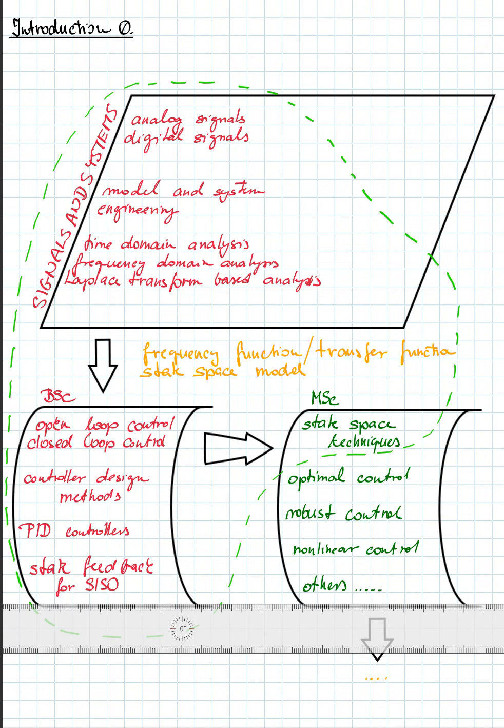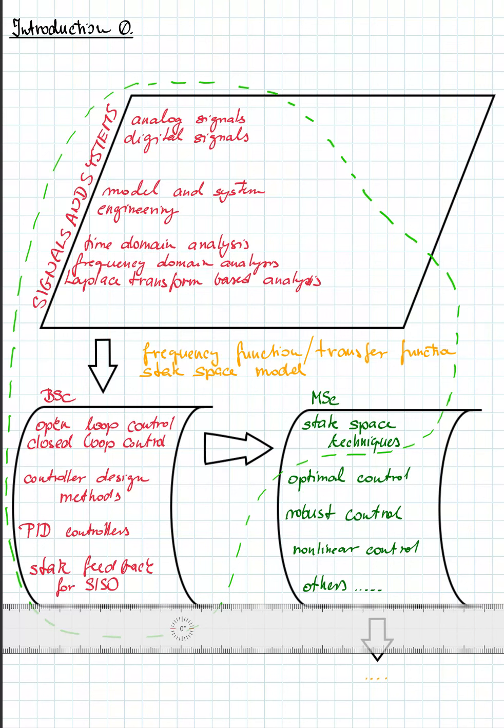And in this subject we are talking about now, which is for master students, first we are going to study the state space techniques too. So we can continue the state space feedback for single input, single output systems.